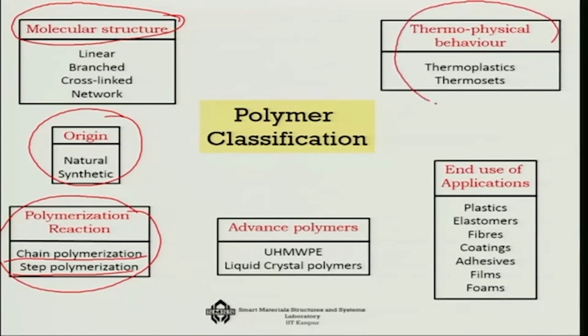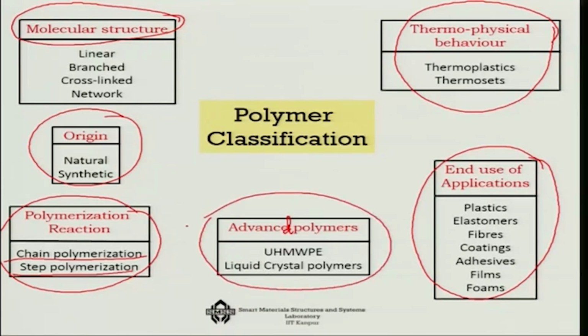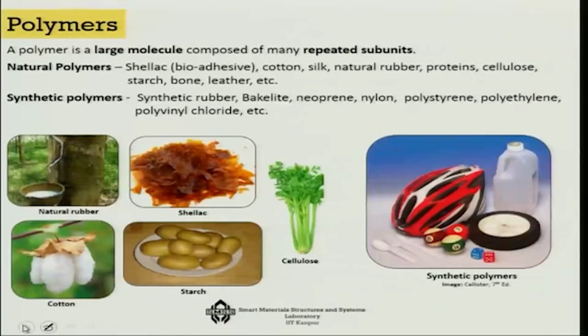So that is another way of classifying the polymers. Then in terms of applications, there are end use applications of polymers, which is also another way of looking at polymers, and there are some polymers which are advanced polymers, like UHMWPE or liquid crystal polymers, which are some of the advanced versions of the polymers. So let us try to look at them one by one.